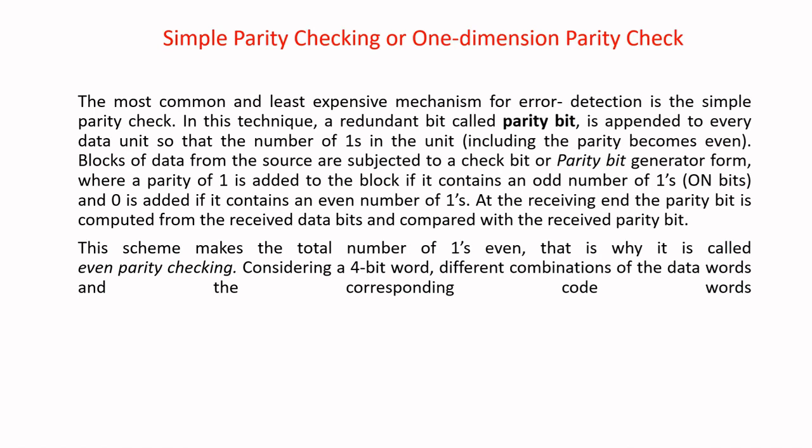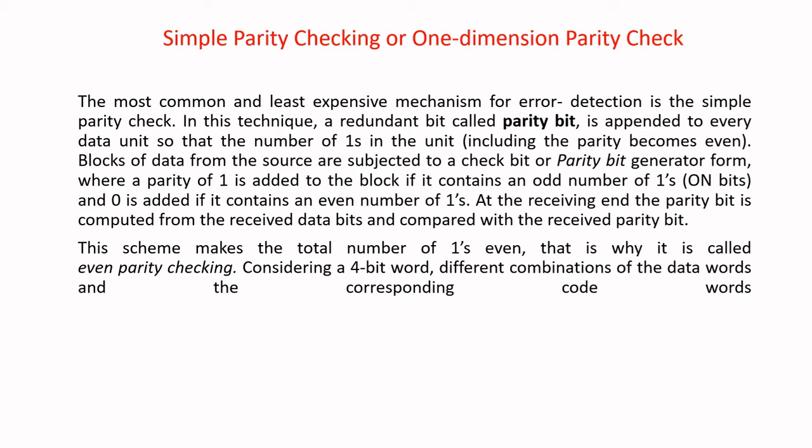First is simple parity check, and another name is one-dimensional parity check. Simple parity check is the most common and the least expensive mechanism for error detection, and this is the reason it is known as simple parity check.